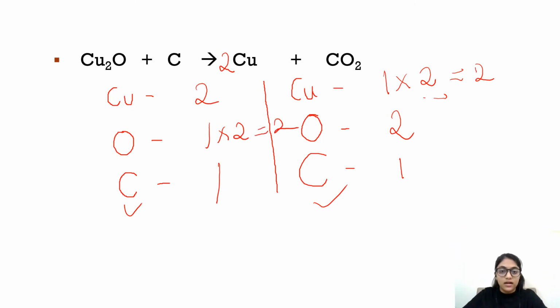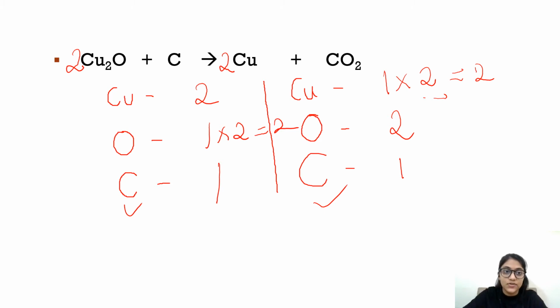And just like the previous example, we don't have oxygen available as a single element, it's in the copper oxide molecule. Nevertheless, I'll just write a 2 in front of the copper oxide molecule over here.